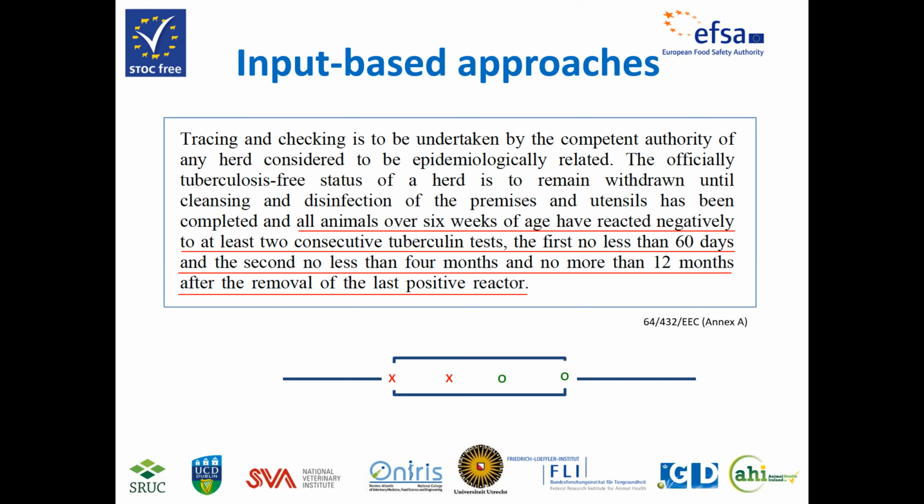And you can see the final 4 lines of the text. This is legislative text, old legislative text, highlights very prescriptively the steps that need to be taken for the herd to return to trade. And it's illustrated in the figure immediately below.